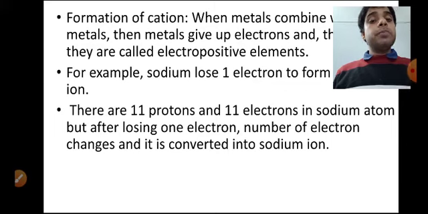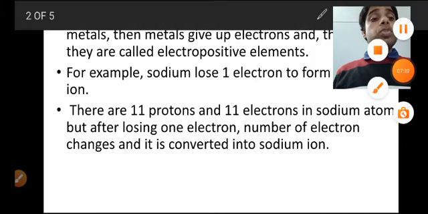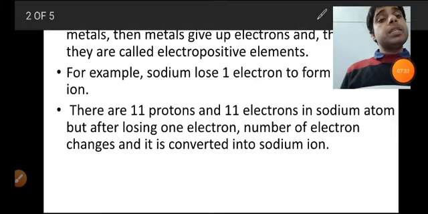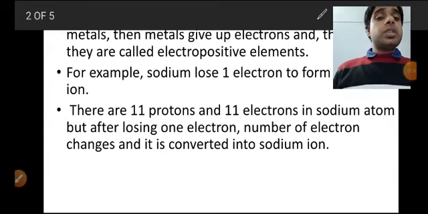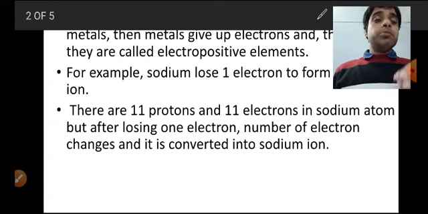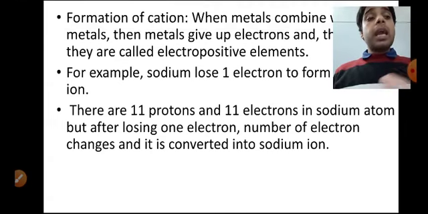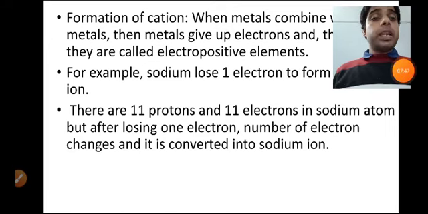But the number of protons should be the same, and that is 11 protons. So whenever you are discussing this kind of question, after losing or gaining an electron, the number of electrons will definitely change.